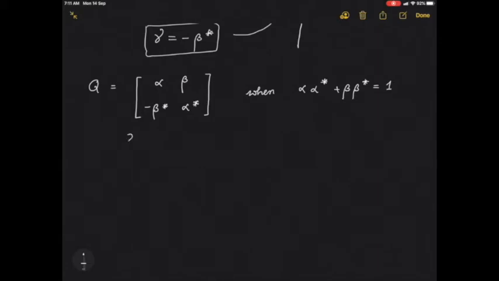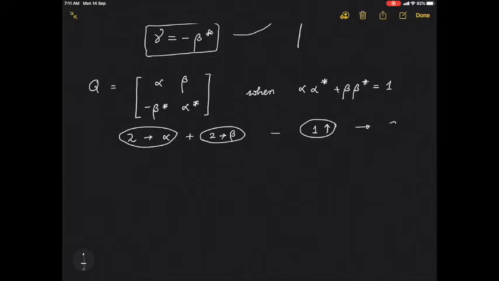So now if you count, I have 2 numbers in alpha plus 2 numbers in beta minus 1 condition above. So I have a total of 3 independent quantities specified in my Q. So this must be a complex 2 cross 2 matrix which may represent a rotation.